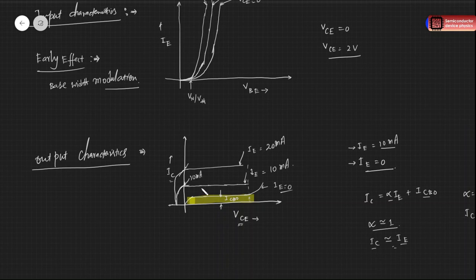So below IE equals 0, this region is called the cutoff region. And when we reverse the VCB voltage, this region is known as saturation.